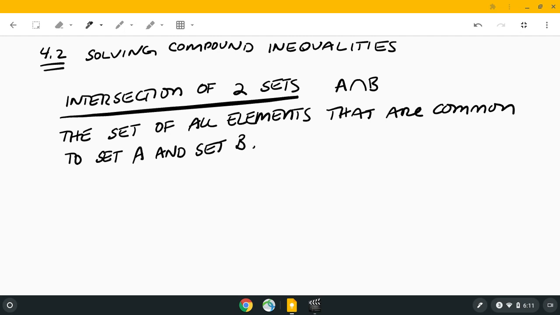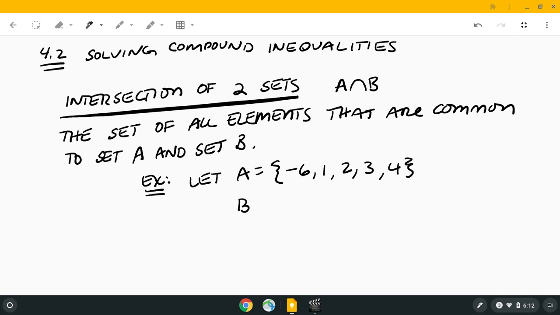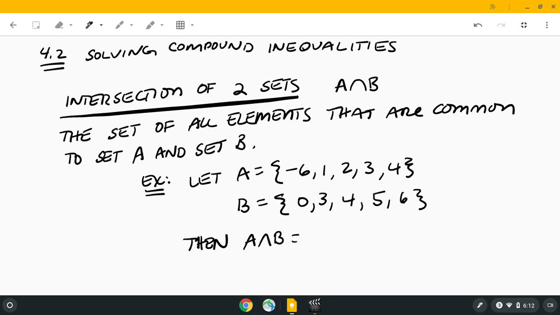Okay, so for example, if set A is a set of these numbers, -6, 1, 2, 3, 4, and suppose set B is made up of the numbers 0, 3, 4, 5, and 6. Then the intersection of A and B, again using this notation, would be the set of numbers that they have in common.